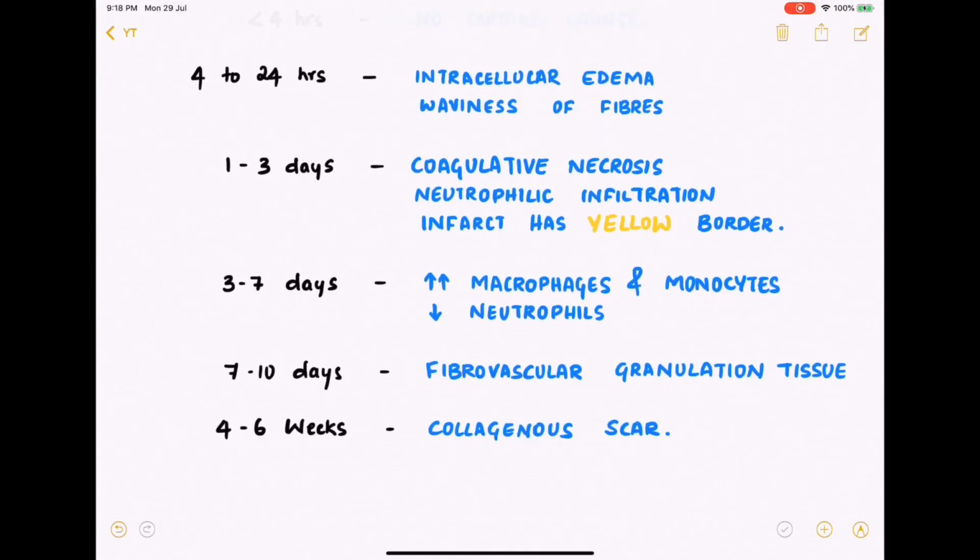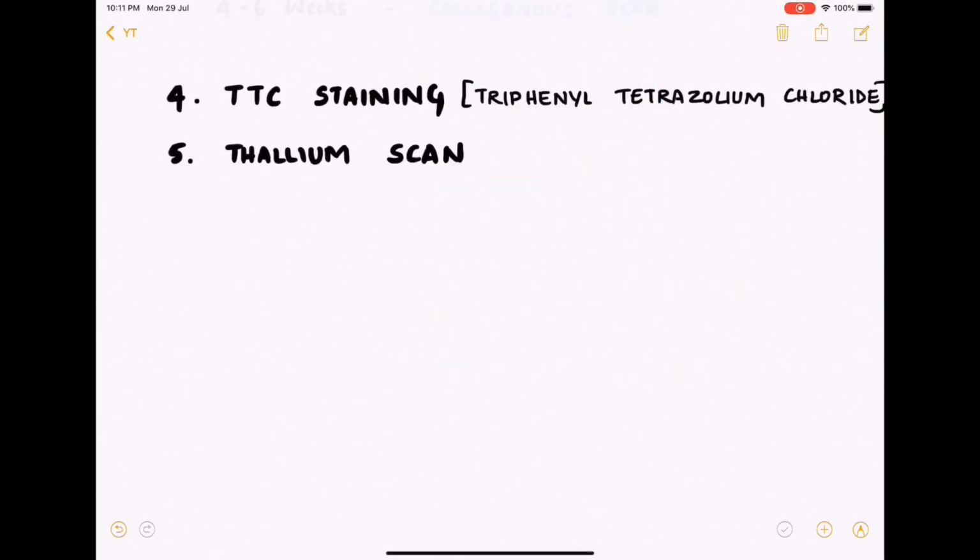7 to 10 days, we see fibrovascular granulation tissue. 4 to 6 weeks, a collagenous scar is formed. Just to mention a few other methods of diagnosis of MI, we have TTC staining, which is triphenyl tetrazolium chloride staining, where the infarcted tissue stains pale or yellow, while the normal tissue stains brick red in color.